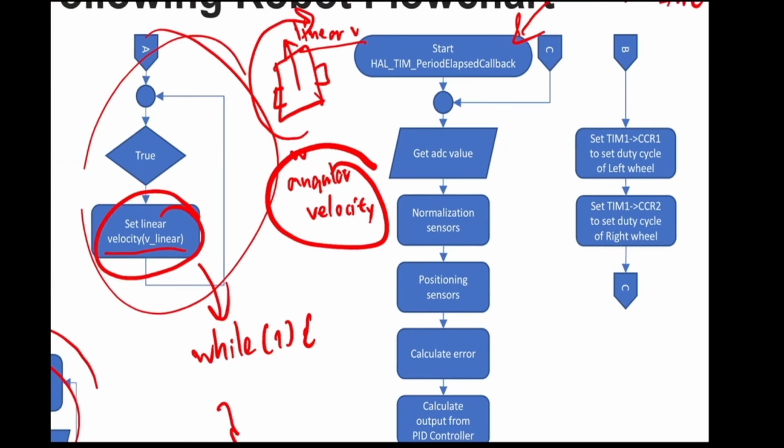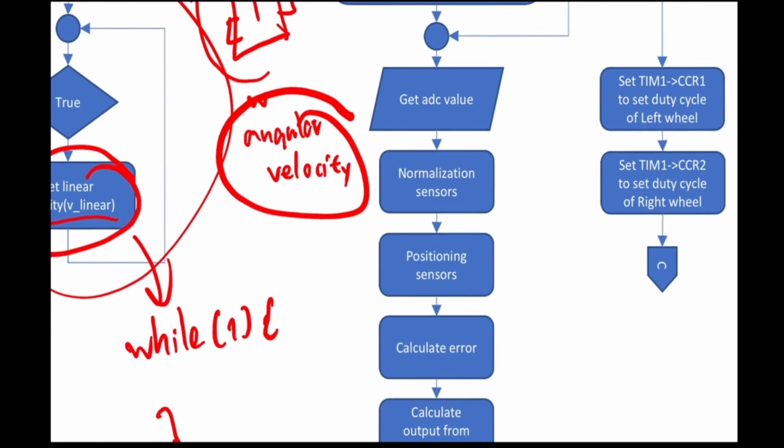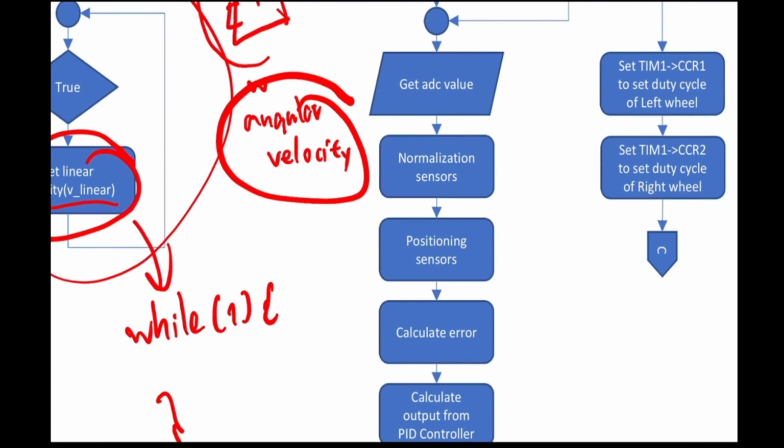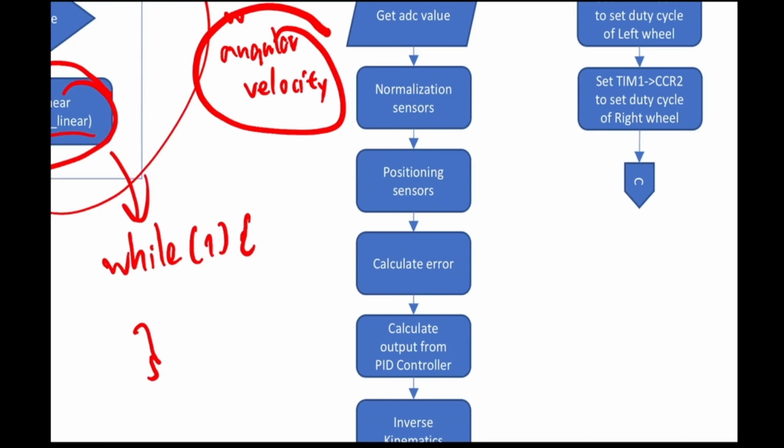Let's start from getting the ADC value, which is like reading information from the sensor. The second one is sensor normalization, the thing that you learned before about how to make the sensor more accurate. Then you have to position the sensor, because we need the real position of the sensor. The next step, we need the error, right?